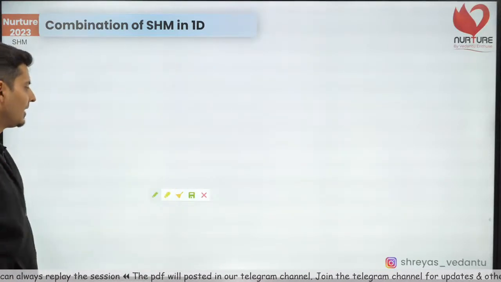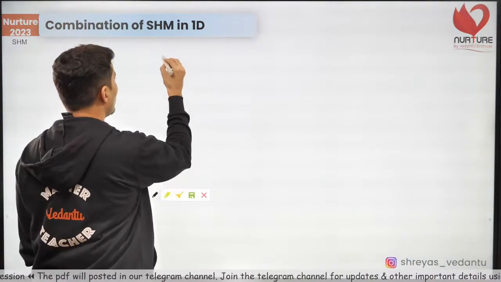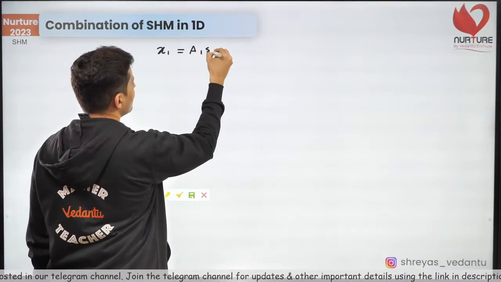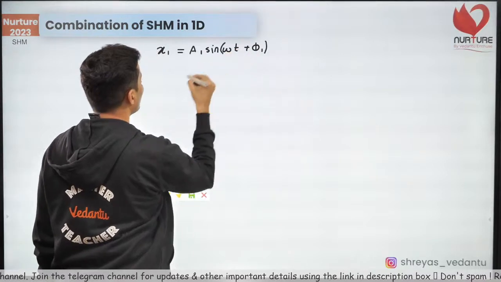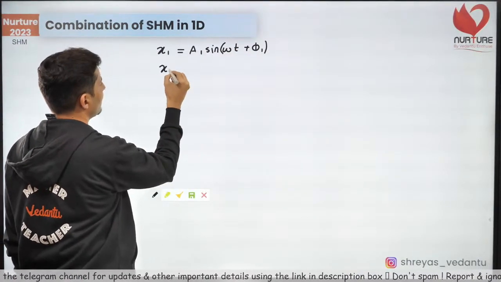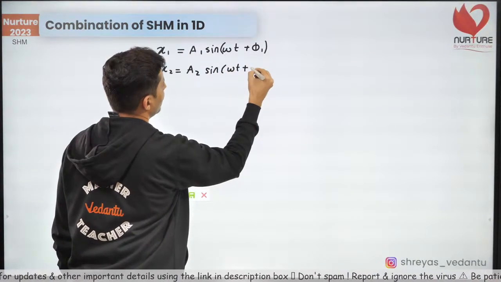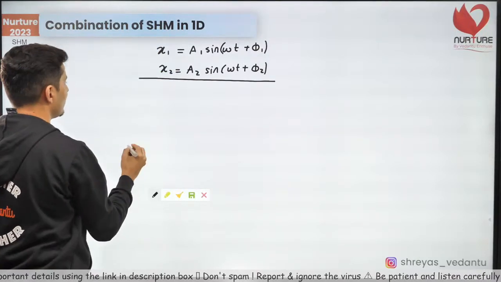Fair enough. So the whole idea is, if you have SHM1 x1, which is a1 sine(omega t plus phi 1), and let's say you have another SHM x2, which is a2 sine(omega t plus phi 2). Let's say I want to add both these SHMs.